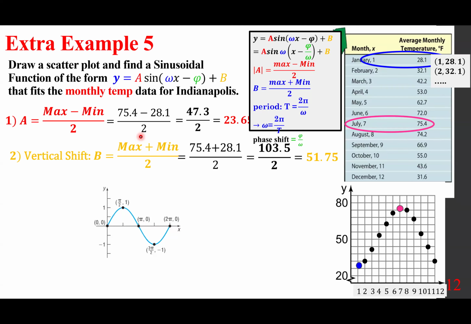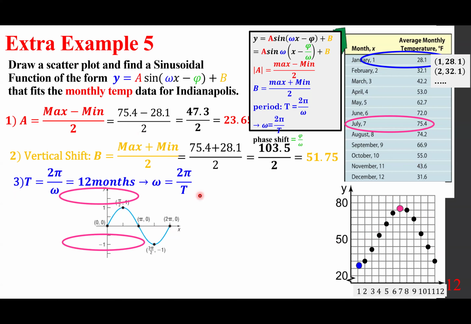T is 2 pi over omega. And since we are talking about monthly temperature, the assumption is they repeat every 12 months. So T is 2 pi over omega, which is 12 months. So omega is 2 pi over T, which makes it 2 pi over 12, which makes it pi over 6.